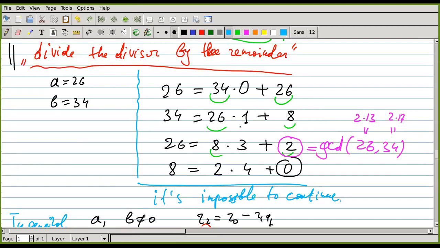So try to compute U and V so that 26U plus 34V equals 2. Try to compute them using our general procedure. Any questions?